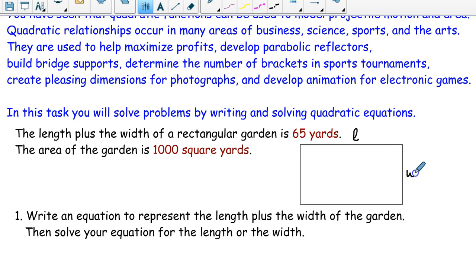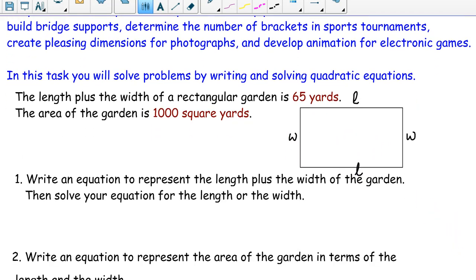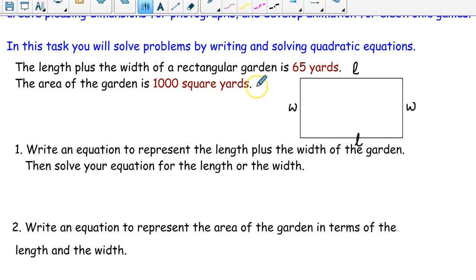Opposite sides are equal in a rectangle. The sum of those two, adding the length to the width, you'll get 65 yards. That's what you have to write in this first part.